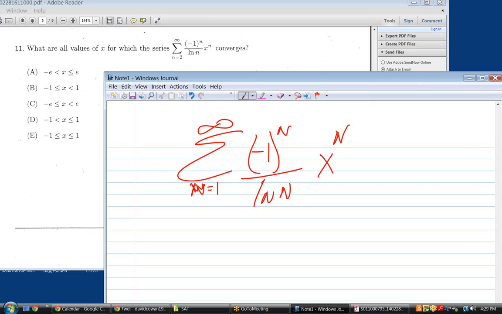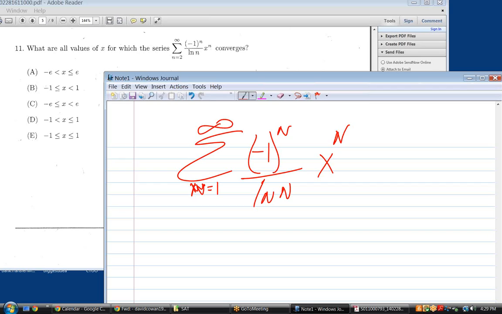It would not be defined at n equals 1. Since the log of 1 is 0, we would be dividing by 0. So this is a perfect situation where you have to start a series at something other than 0 or 1. Whenever you're dividing by natural log of n, that's the case.